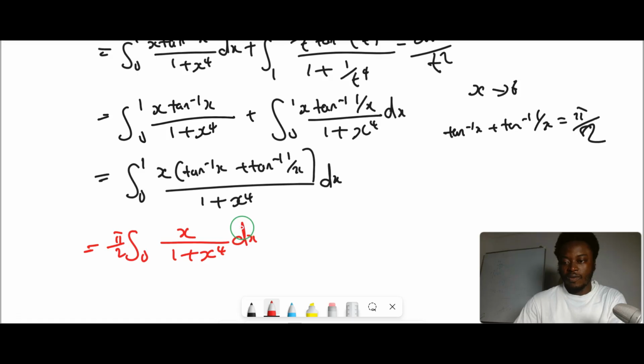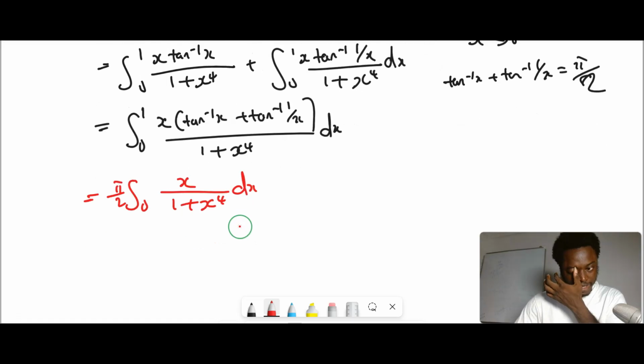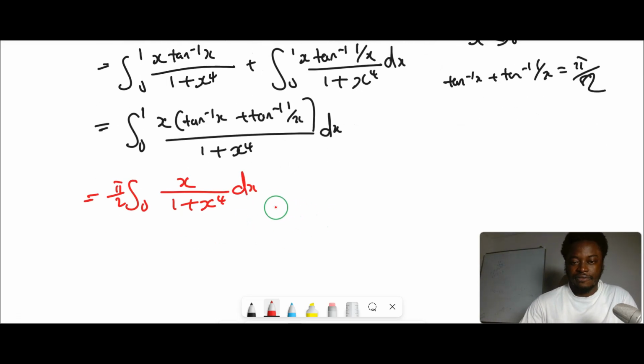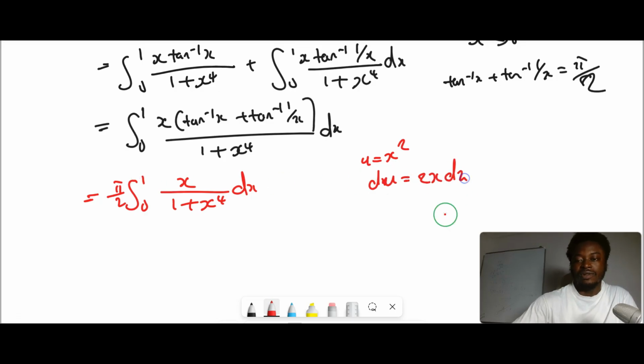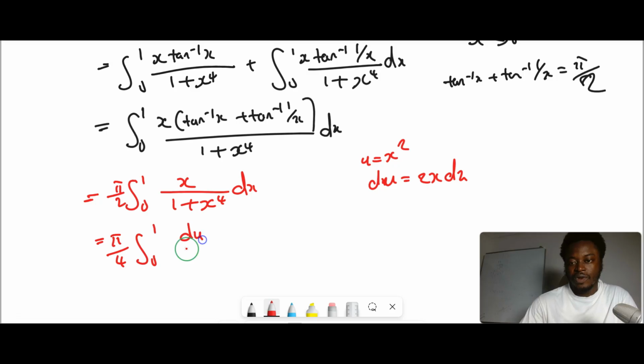So one good way of doing this is that I have a follower on Facebook who suggested that here you take u to be x squared. So in that case, this is 0 to 1, du will be 2x dx. So you would end up with pi over 4 times the integral from 0 to 1 of du all divided by 1 plus u squared.